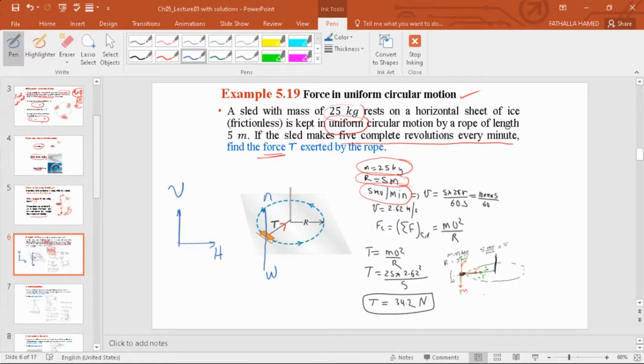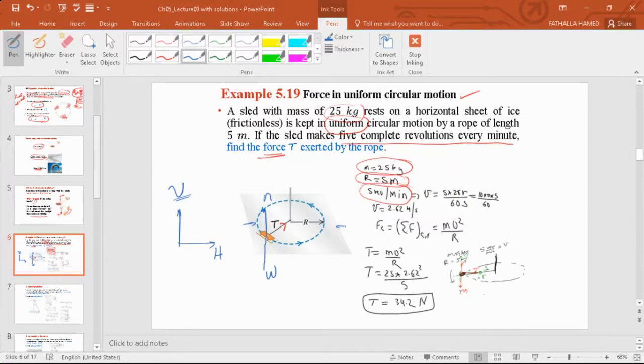V here, I don't mean velocity, but it could be vertical. You can say that this is y, this is x, whenever you like, but the force is always pointing toward the center. So if I pick it here, my horizontal will be this way. If I pick it here, my horizontal will be this way, and so on.